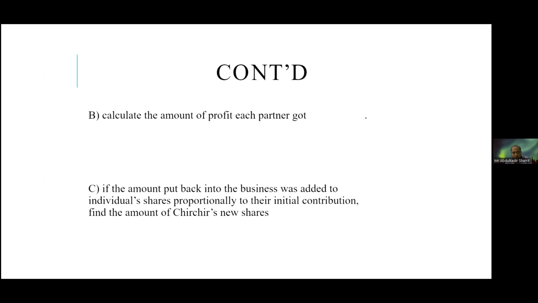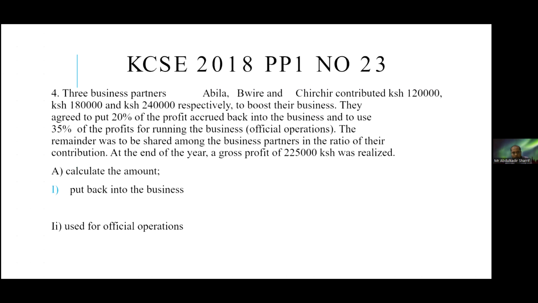So as you see here, you have 180, 240, and 120. So if I find out the ratio, so 120,000 is to 180,000, and 240,000.